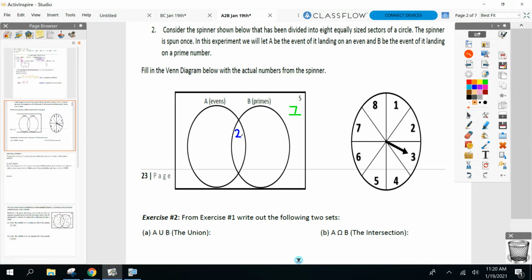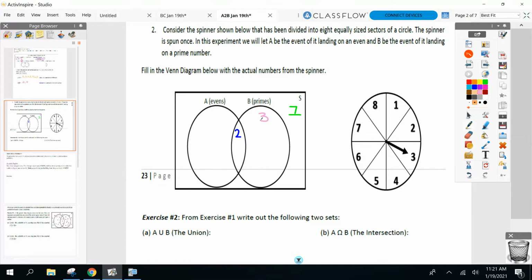All right, let's keep going. What about 3? Where should 3 go here? Well, it's not even, so it's not going to go in set A. 3 is a prime number. Prime number is a number that can only be multiplied by 1 in itself. And there's no other way I can get 3 unless I multiply it by 1 times itself. So 3 is prime.